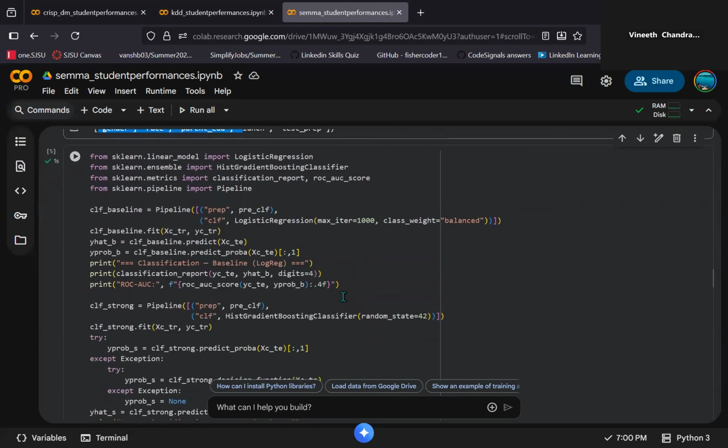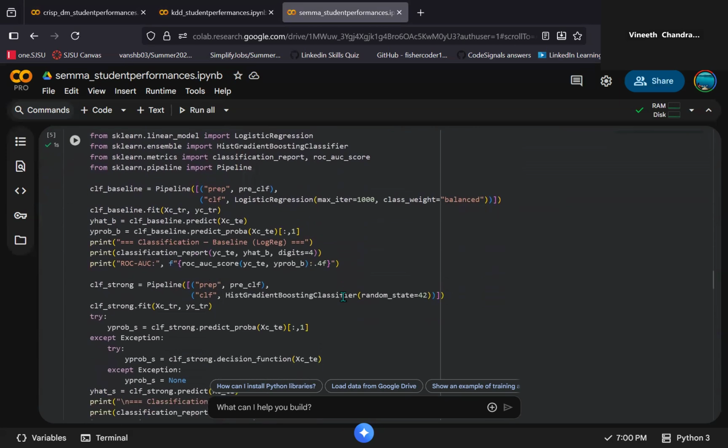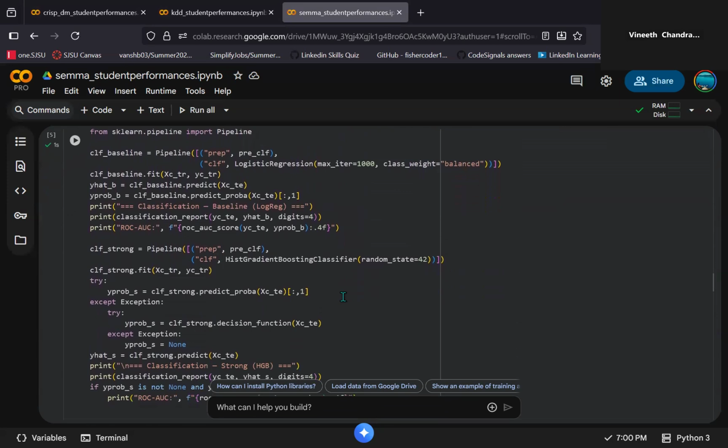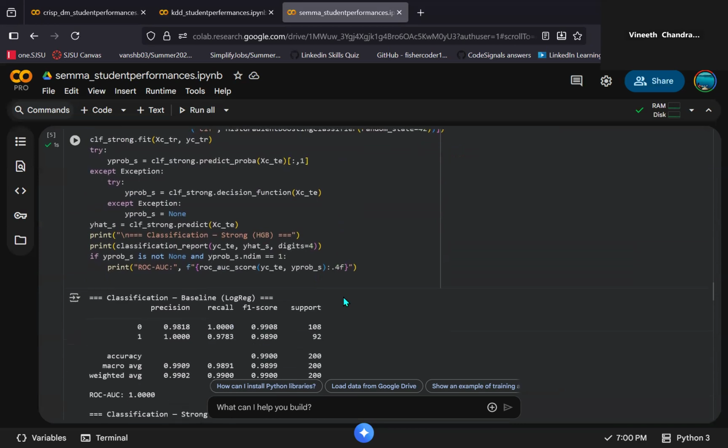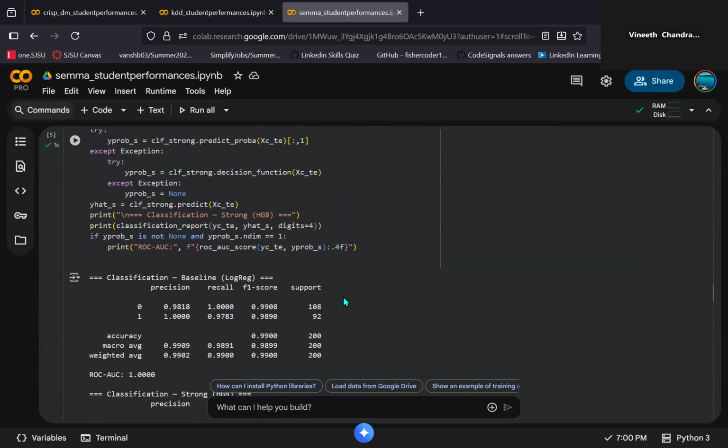Now coming to the model phase, the heart of SEMMA. For classification, I started with a logistic regression baseline and trained a histogram gradient boosting classifier, which achieved a ROC AUC of around 0.92. For regression, I compared a ridge regression with a random forest regressor.